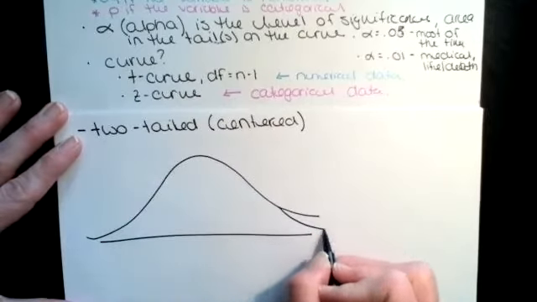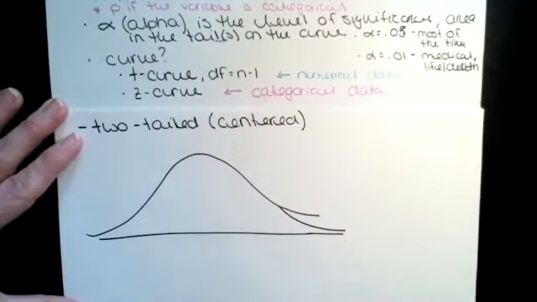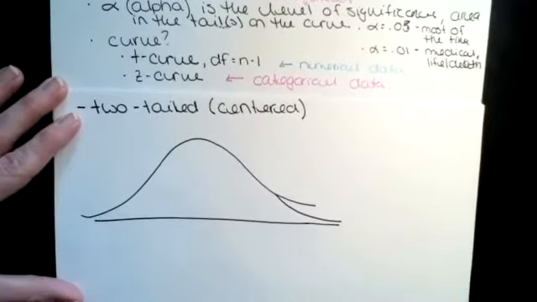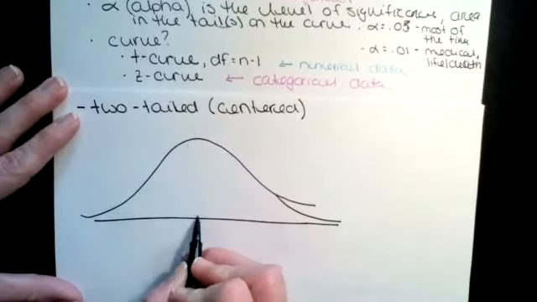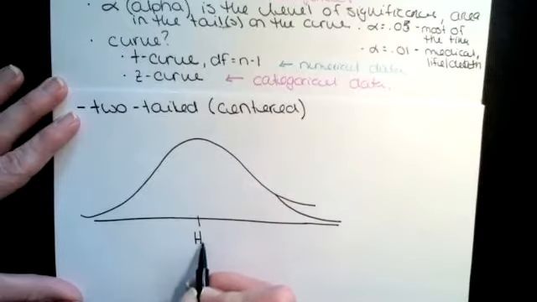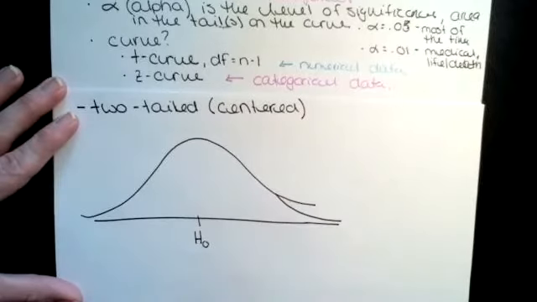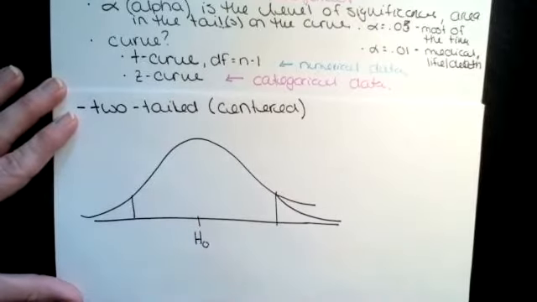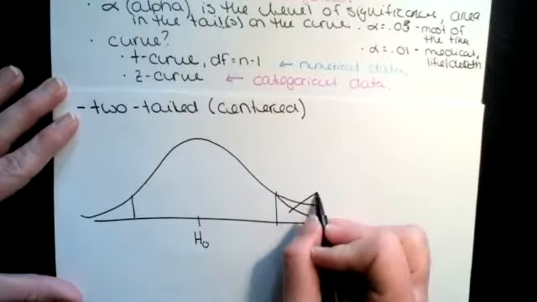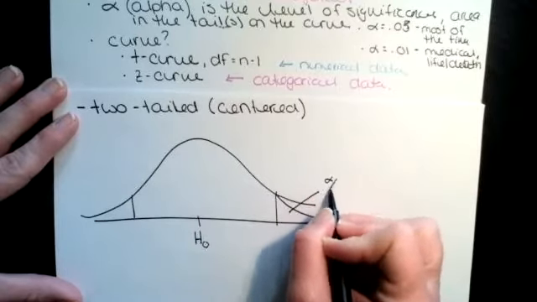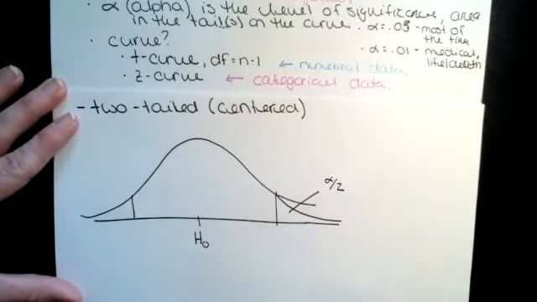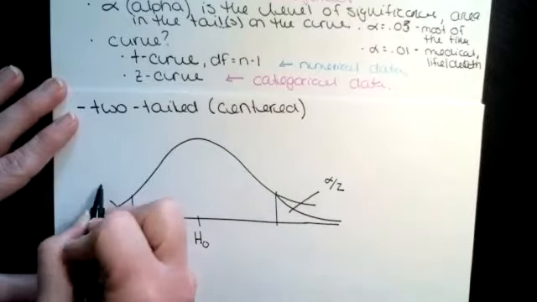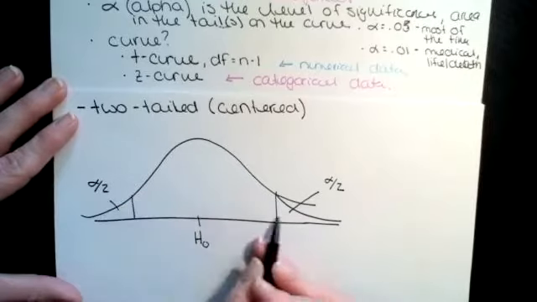Oops, this kind of comes down more, sorry. We have this curve, and the null is the center of my curve, okay? And my alpha is divided between two ends. So over here, very similar, just like my CI, it's alpha divided by 2 over there and alpha divided by 2 over here. And this is centered.